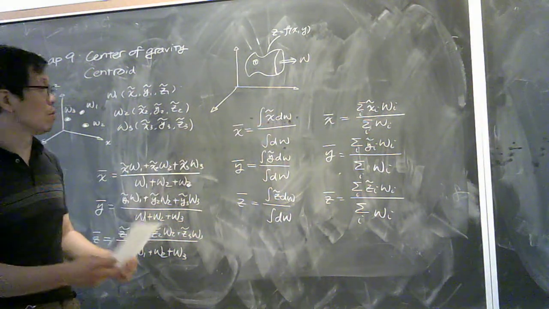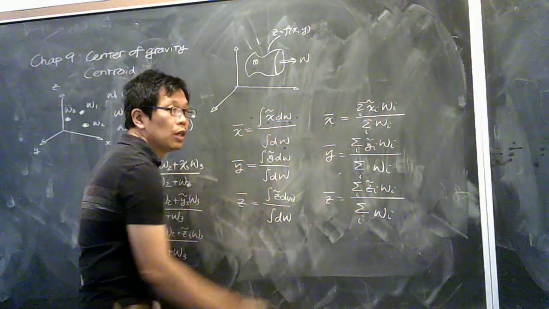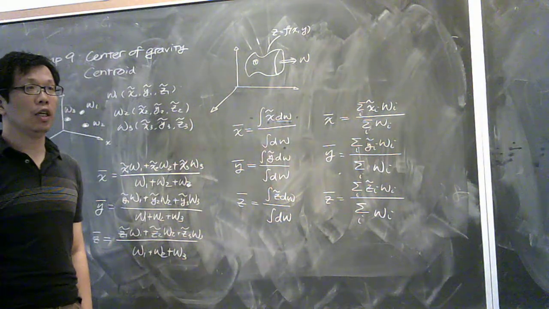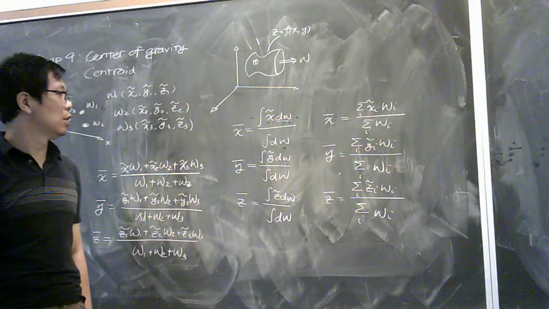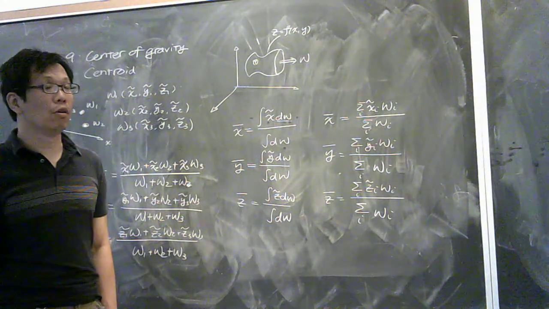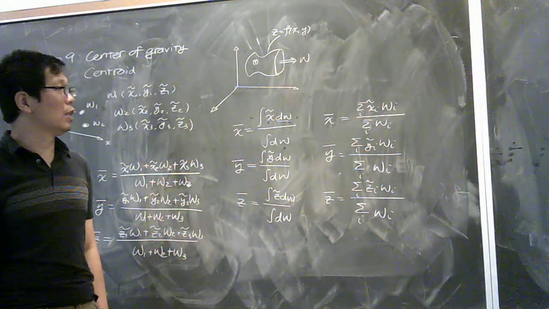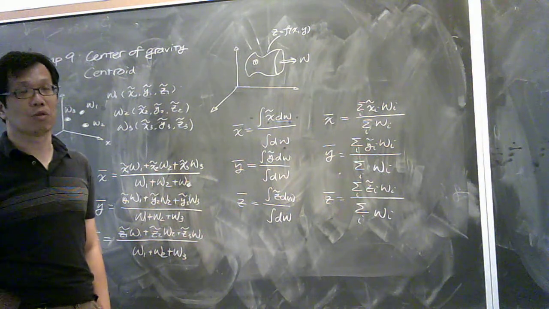One other thing is, when we say dW or dA or dV, they are not functions. In this case, they are not functions of x. So if you try to get the information, it might be a little bit difficult or not so straightforward.